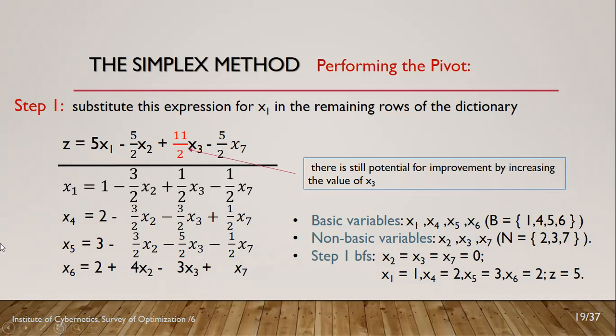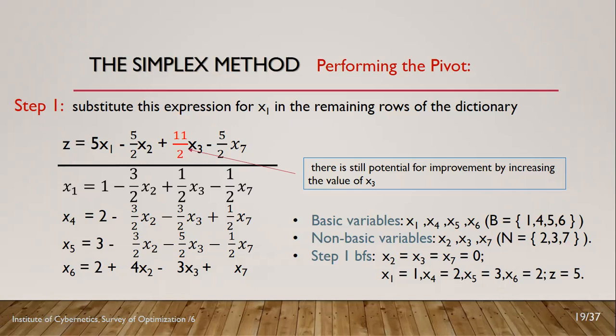So this describes essentially the step of the algorithm. At every step, we determine the entering variable that will enter the basis, and this will be the variable that has the potential to increase our objective, which means that it needs to have a maximum positive coefficient in the objective function.